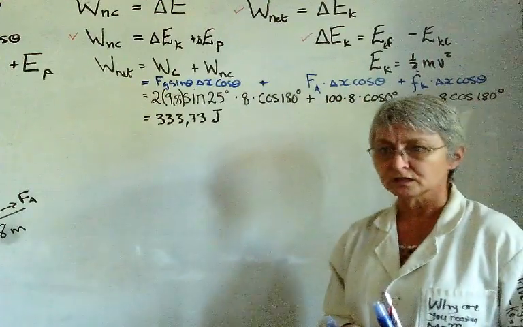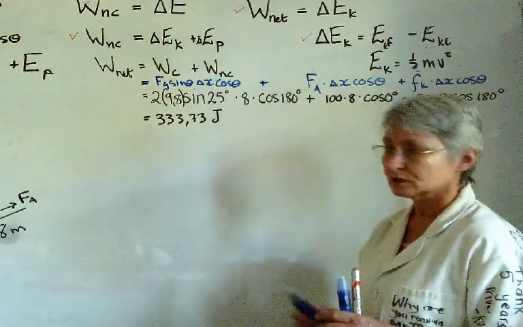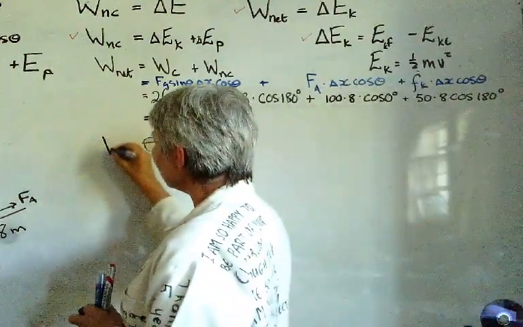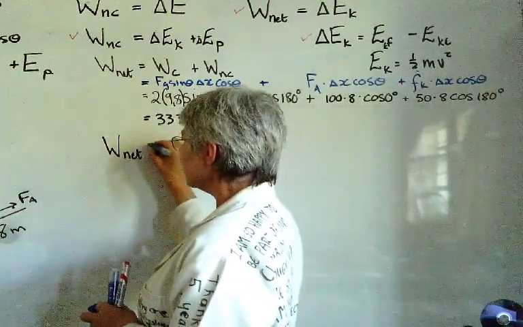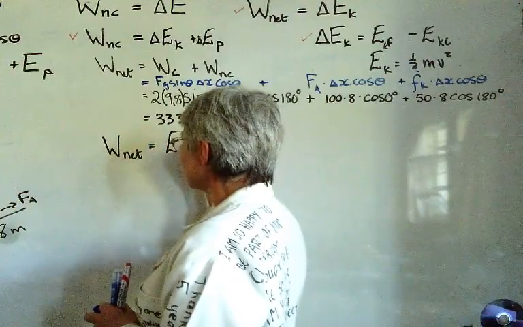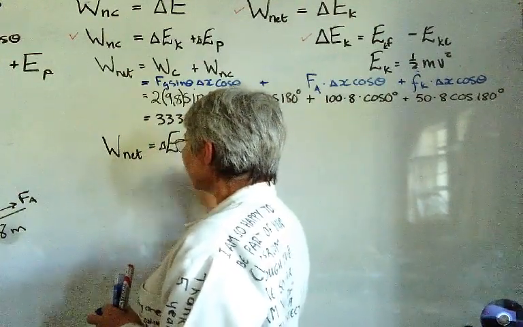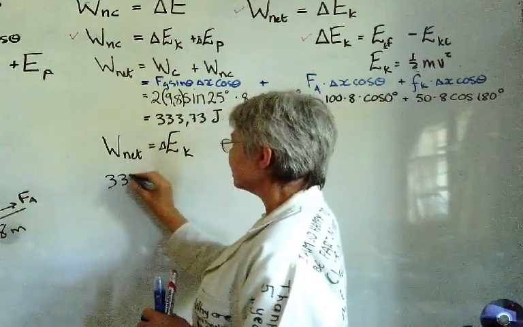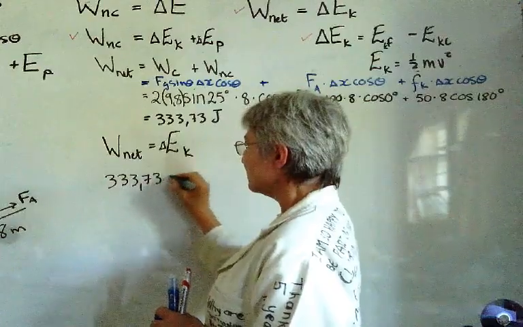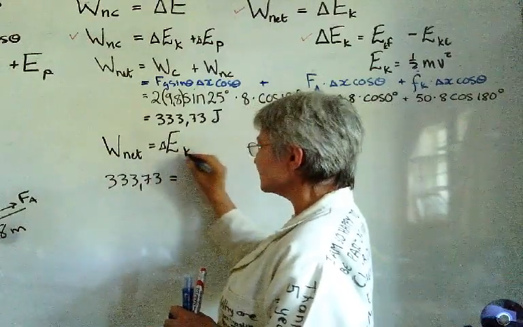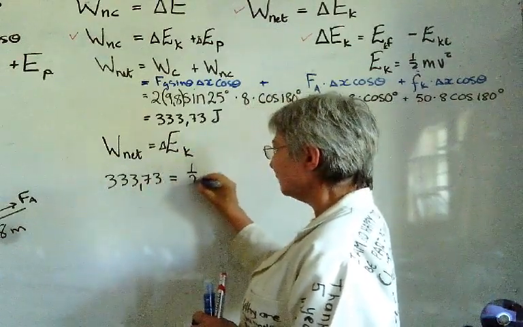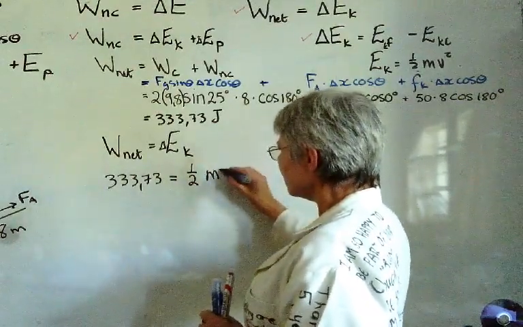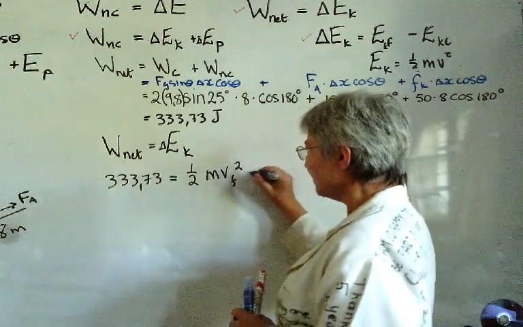So there we have our equation, W net equals delta EK, and I've got the value for W net, it's 333.73. I know that the difference in the kinetic energy is a half m vf squared minus a half m vi squared. This will be 0.